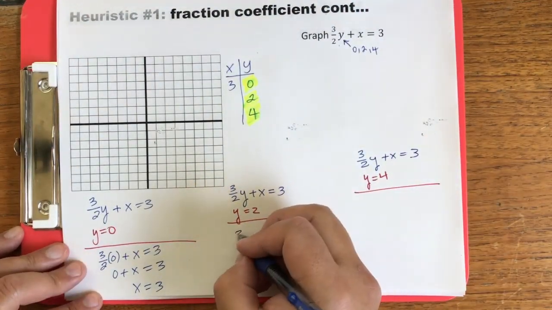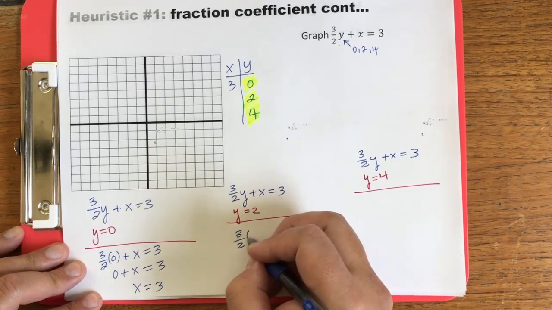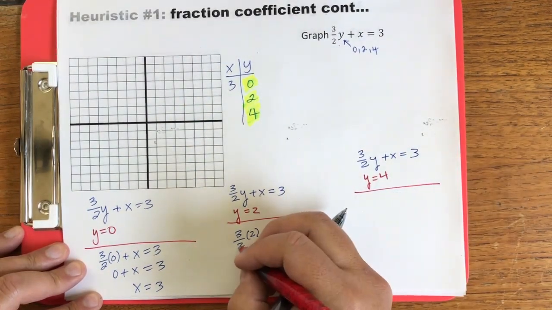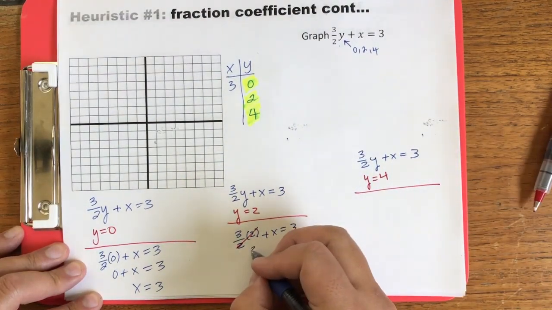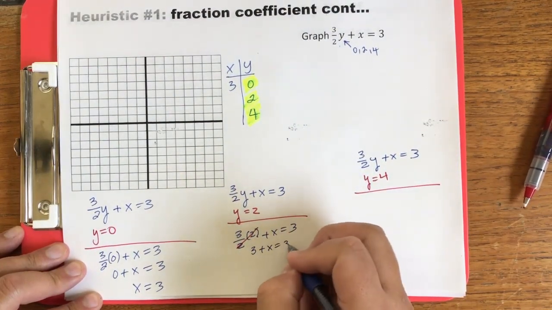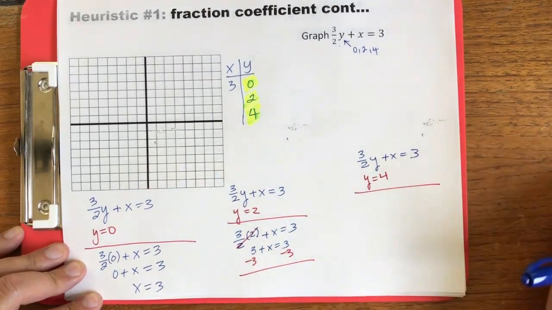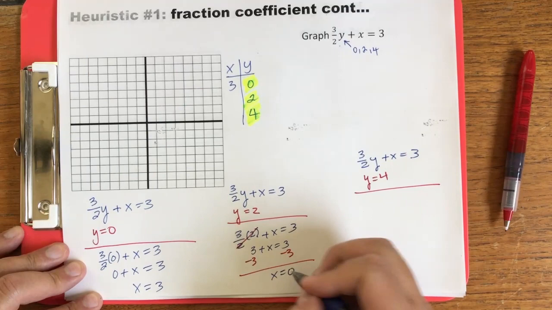In this case, we'll plug in 2. The 2's will cross out, and then we'll subtract 3 from both sides. We'll get x is equal to 0.